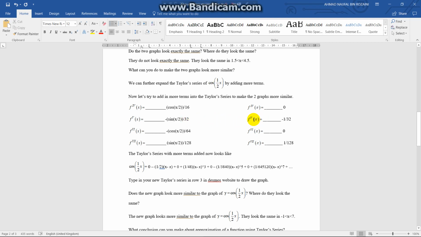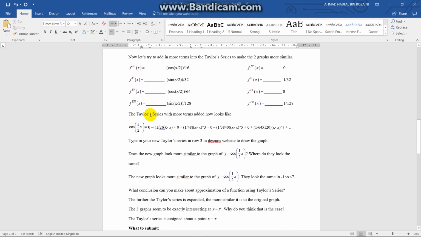And by subbing a, which is equals to pi, we get negative 1 over 32, and so on and so forth. Now the Taylor series with more terms added now looks like this. Now we need to type in our new Taylor series in Desmos and draw the graph.